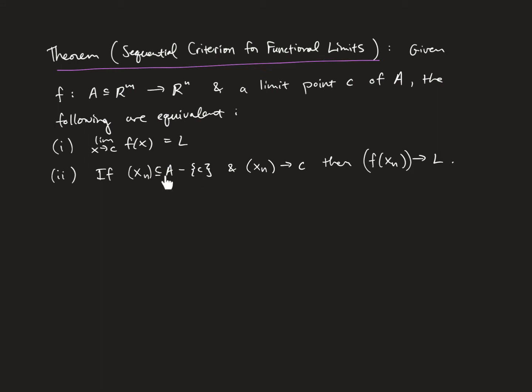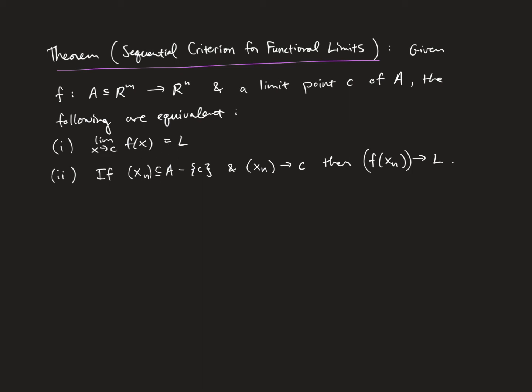So we have this sequence in A that never includes c, but the sequence approaches c. We're taking a bunch of x's which are getting closer and closer to c. And if that's happening, then the corresponding f of x's are getting closer and closer to L.